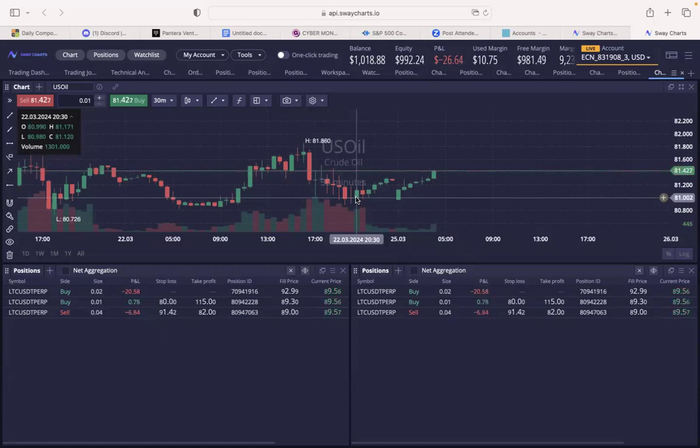So it's best to wait when there's more liquidity in the market. Even though you can trade oil, gold, and most currency pairs, overnight right now the only market that is active is the Japanese, the Asian market. So the spreads are going to be wider.